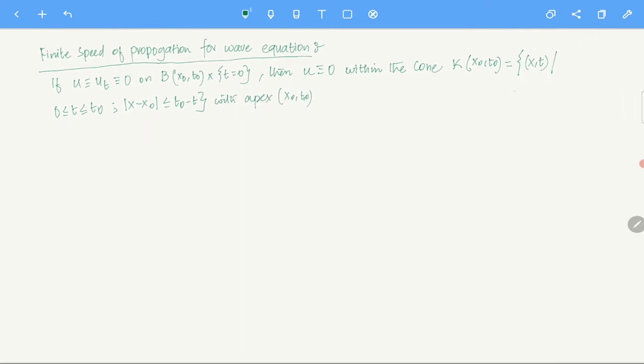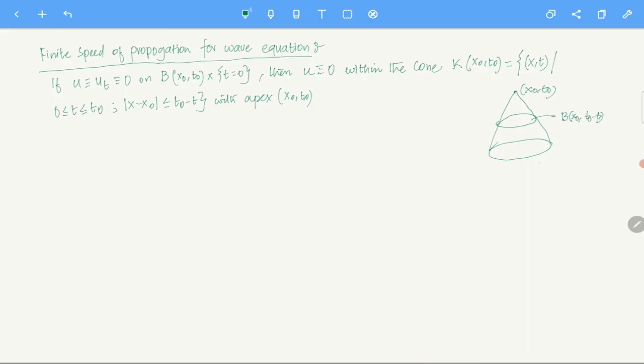You see, the cone will look like this. This is (x0, t0), and this is the ball B(x0, t0 minus t).